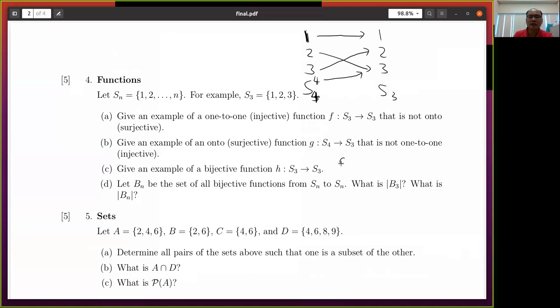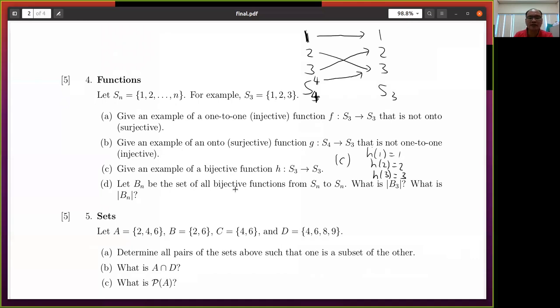And then for C, give a function that is bijective. So if I just say h of 1 is equal to 1, h of 2 is equal to 2, in other words, I just take the number and map it to itself. That's both injective and surjective, 1 to 1 and onto. And then finally, this is maybe a little bit trickier.